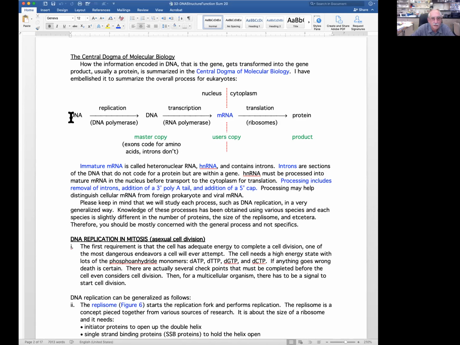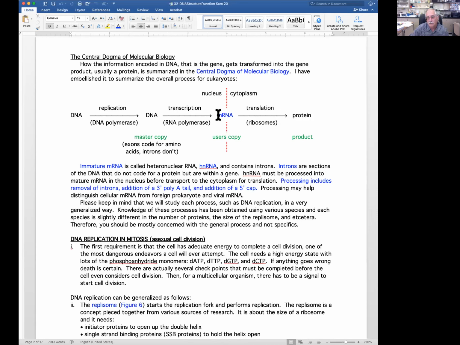When DNA is turned into DNA, that's done by DNA polymerase. Why would you do this? Well, during cell division. Then when DNA gets transcribed into a different language, the language of RNA, that's done by an enzyme called RNA polymerase.